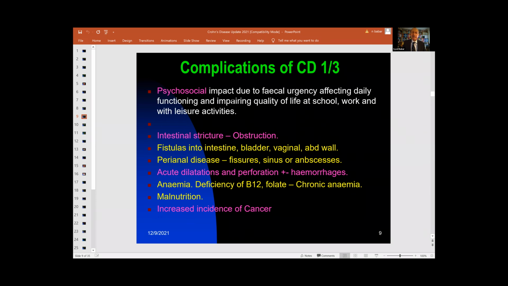Imagine a child going to school, not being able to attend physical sports or run around, play games during school times, and in fact not being able to sit out a 1-hour presentation or teaching by a teacher because he has to excuse himself to go to the toilet due to fecal urgency and other fecal symptoms.